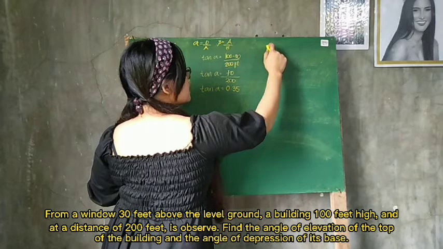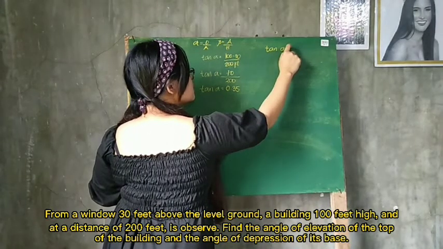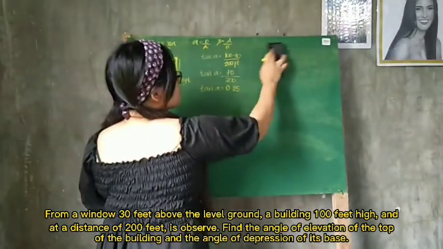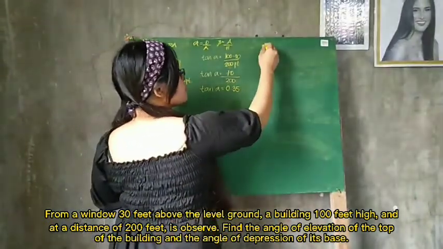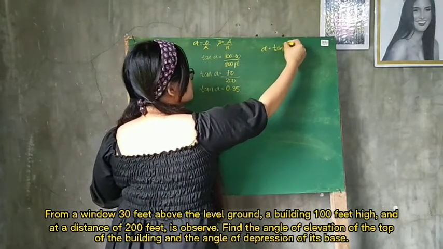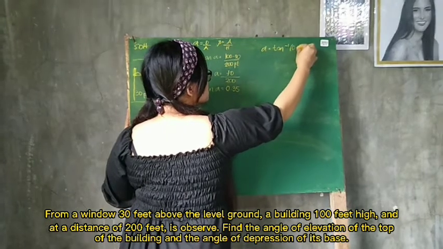So tangent alpha is equal to 0.35, so alpha is equal to tangent inverse, or tangent negative 1, of 0.35.